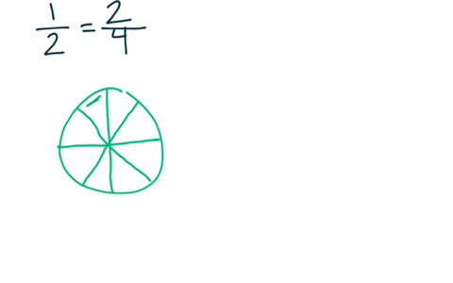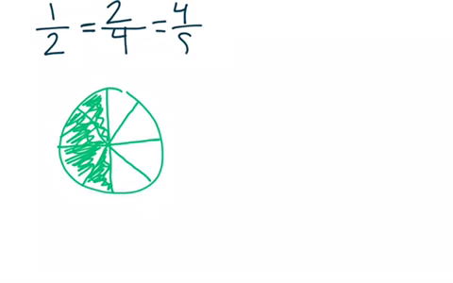Here we have 1/8, there's 2/8, 3/8, 4/8. So we could say that 1/2 is the same as 2/4, which is also the same as 4/8. I wonder if there's more fractions that are equivalent to 1/2.